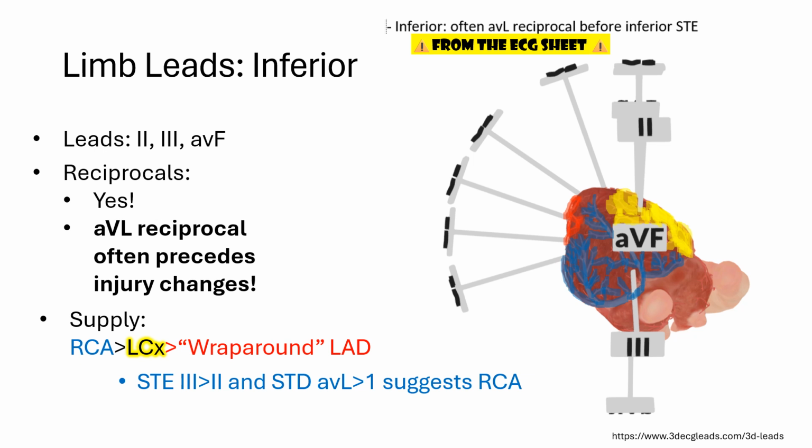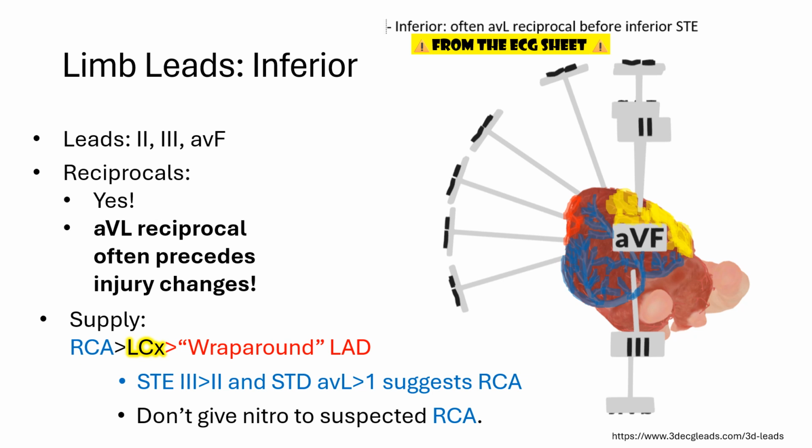STE in 3 greater than 2 and STD in AVL more than lead 1 suggests a right coronary artery occlusion. This is more likely to be associated with a right ventricular infarct, which is preload dependent, which is why we don't give nitro to suspected RCA occlusion.